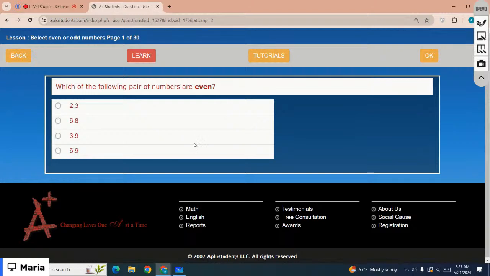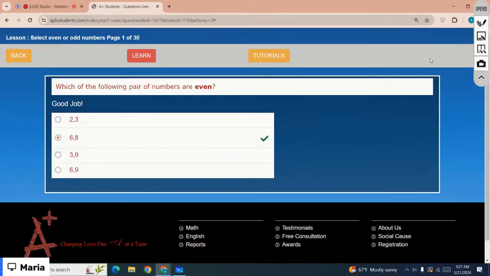The correct option is both the numbers must be even, right? So they are 6 and 8. Here 2 is even but 3 is not even, right? So 2, 6 and 8 is the correct option.